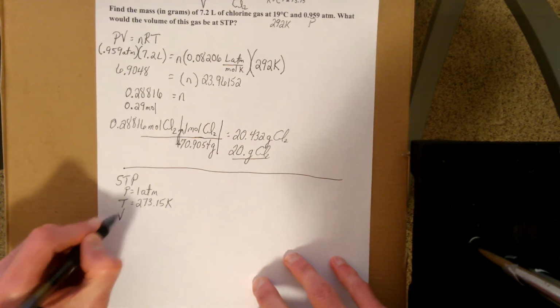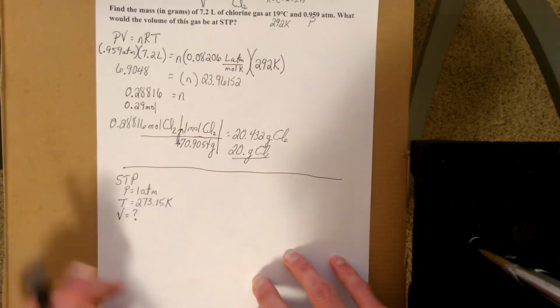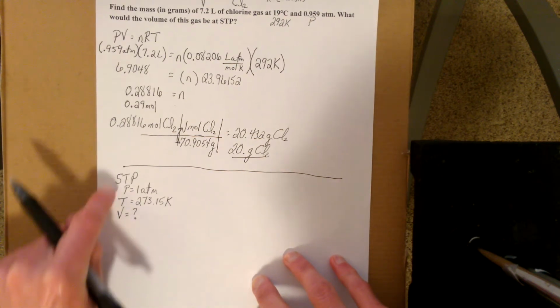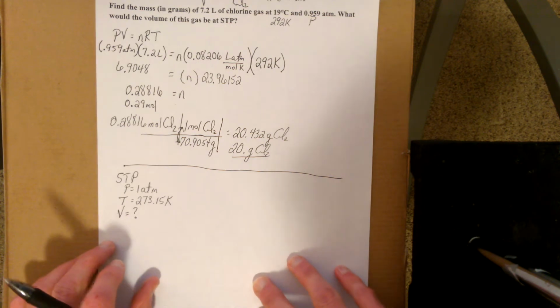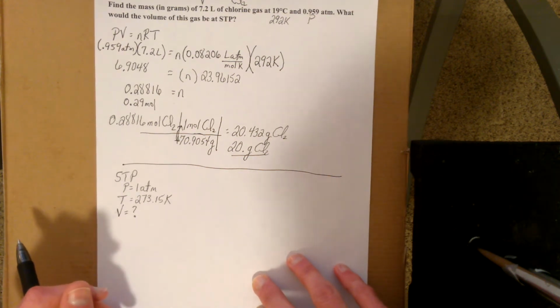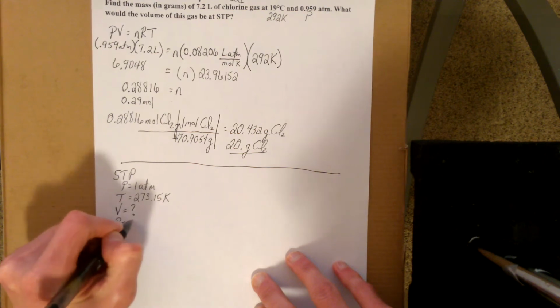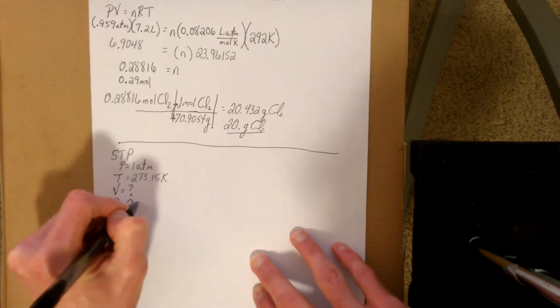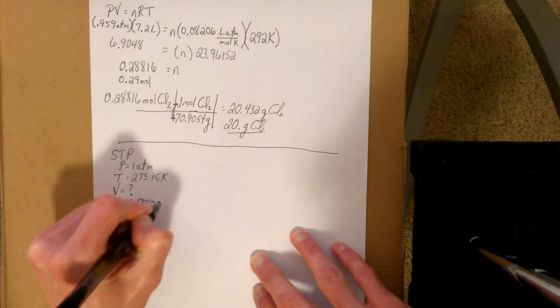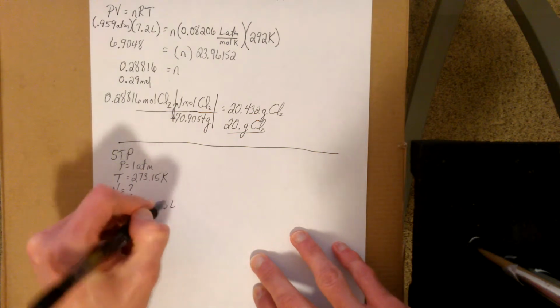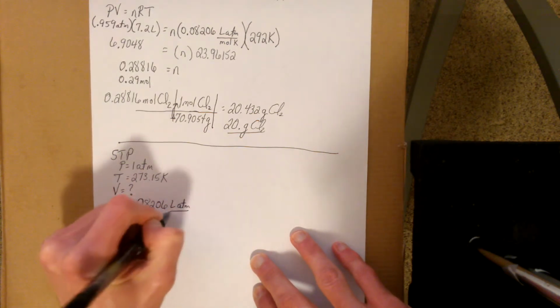We are hunting for volume. Again, I strongly recommend that you write down the values and then do a substitution, because there are quite a few values and variables here to deal with. Our R, we use the same R, 0.08206, liters, atmospheres per mole Kelvin.